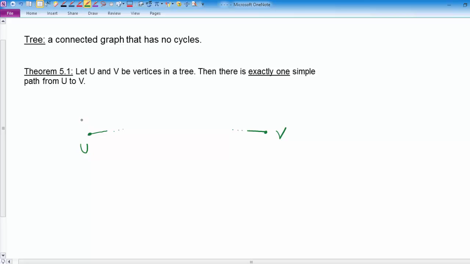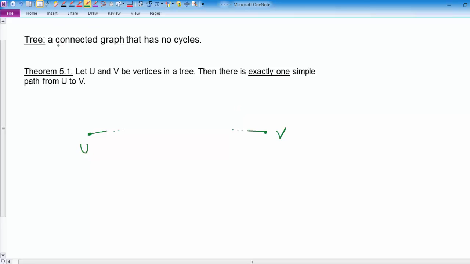Maybe it has another edge here, maybe a third edge, and perhaps there's only one edge. But at this point, it doesn't matter how many edges are connected to vertex U. We simply pick vertex U, and we know that there is a path from U all the way to V, because that's the definition of the tree.